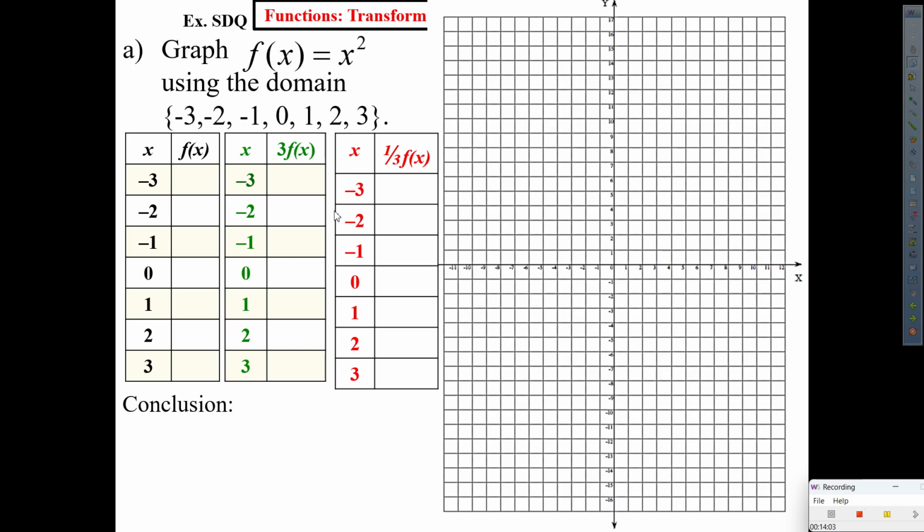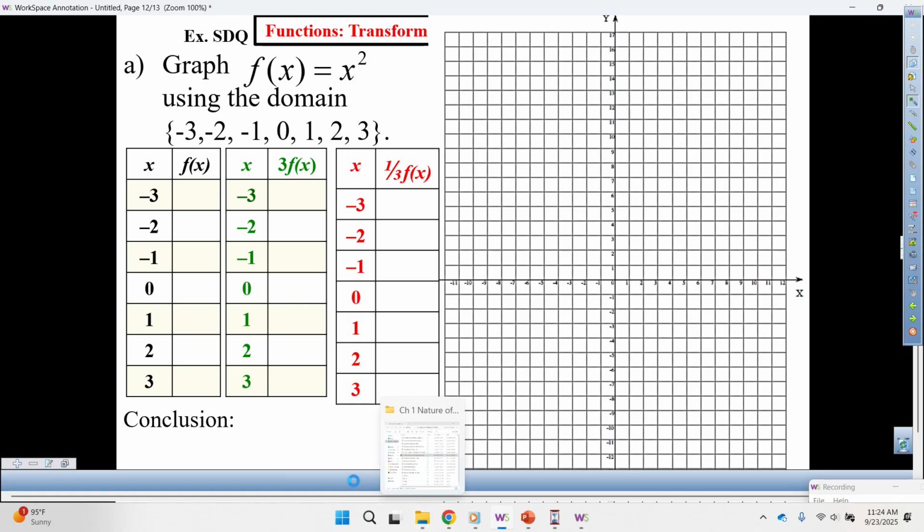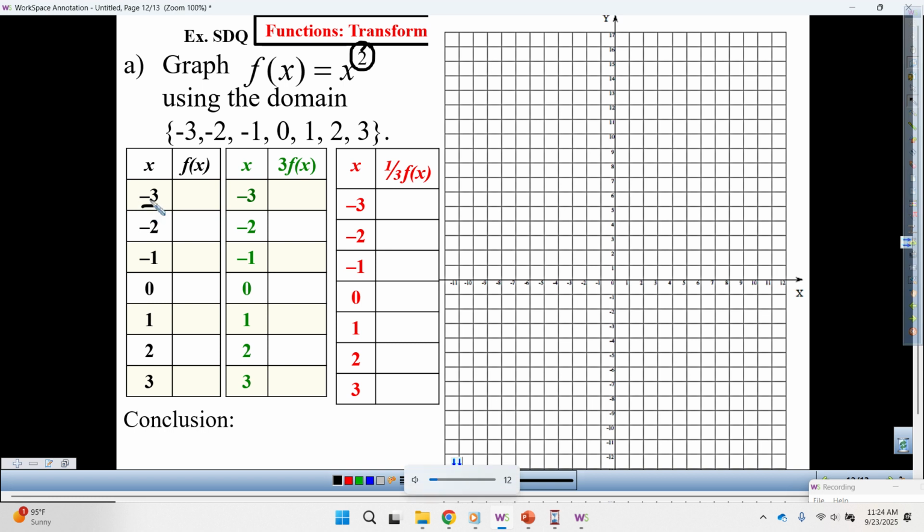All right, by now you should be done with your setup. Everybody with me? Let's start with f of x. I'm going to use black for the sake of time. f of x is a quadratic, so what do we do with each of these x values? We square them, yes? What is negative 3 squared? Negative 3 times negative 3 is 9.